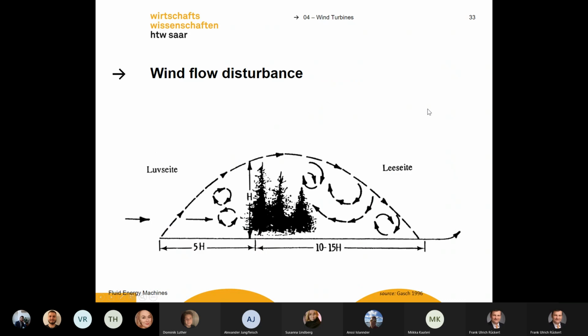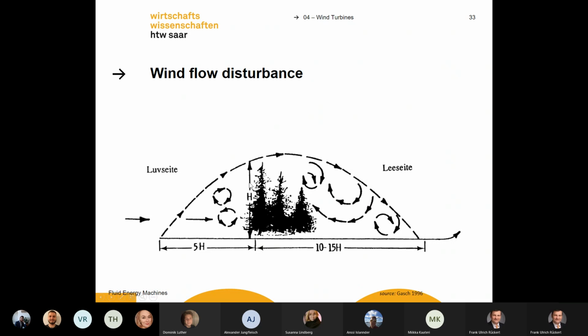Okay, that's again an interesting topic. The wind flow is currently a really common topic in research, and it is about the profile of the countryside and of the locations of the windmills, and it is also about, for example, forests or trees.